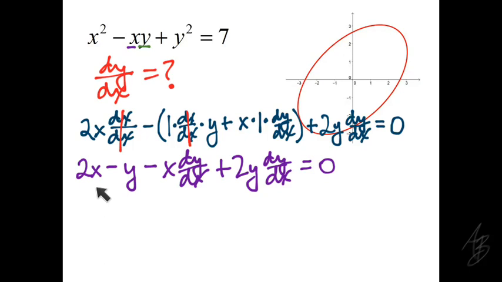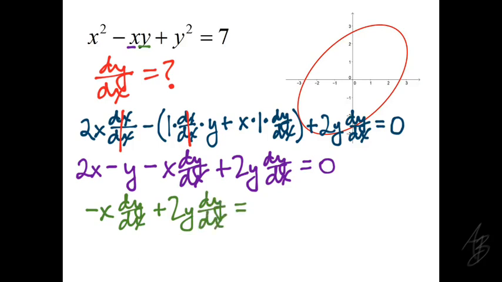So we're going to have to subtract 2x from both sides of the equation and add y to both sides of the equation. And so what we end up with then is negative x dy/dx plus 2y dy/dx is equal to y minus 2x. And we get that just by adding y to both sides and subtracting 2x from both sides.